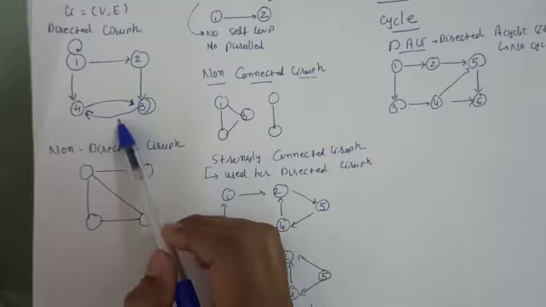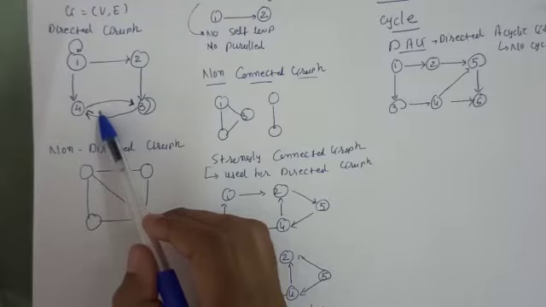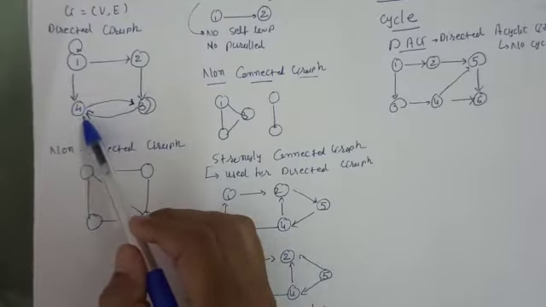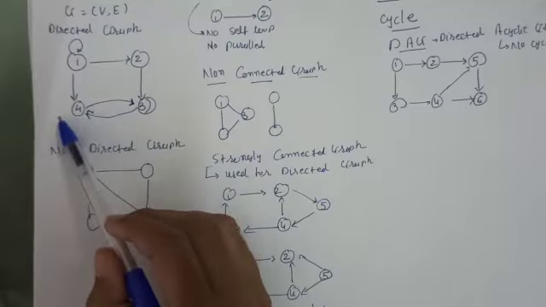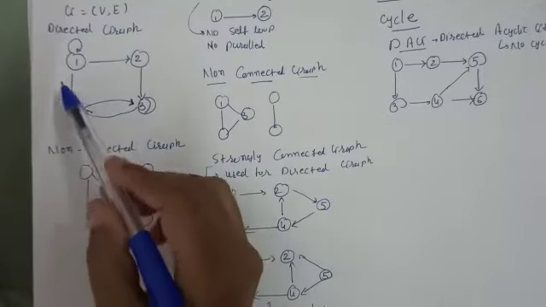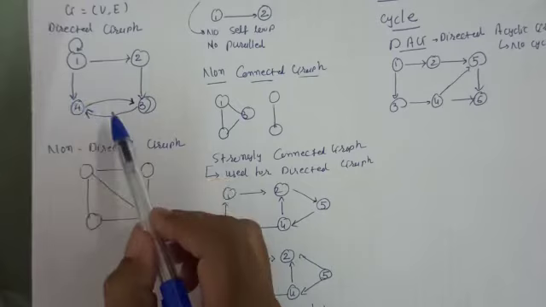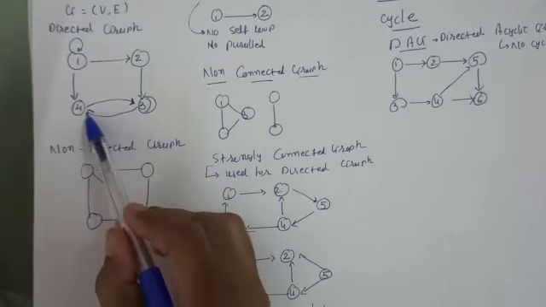Now, the in degree and out degree of a node or a vertex. The total number of edges coming to that node is called the in degree. Here the in degree of this node 4 is 2, because this one edge is coming to 4 plus this edge is also coming to 4.